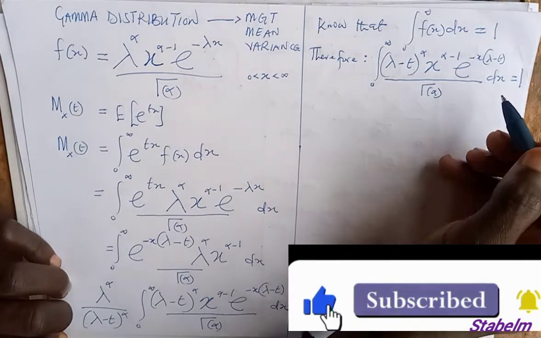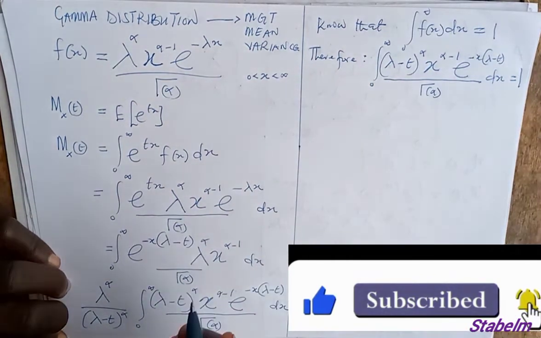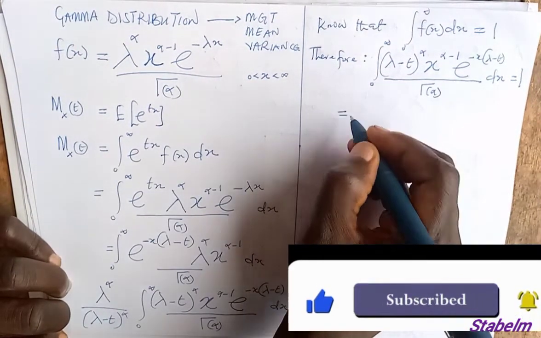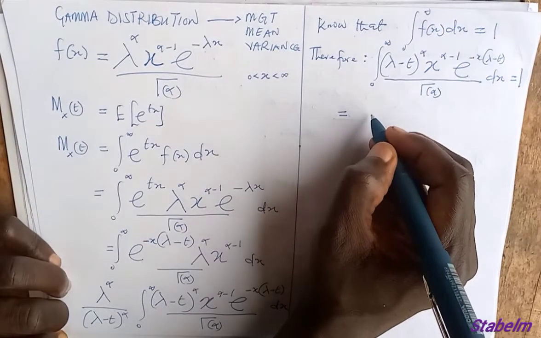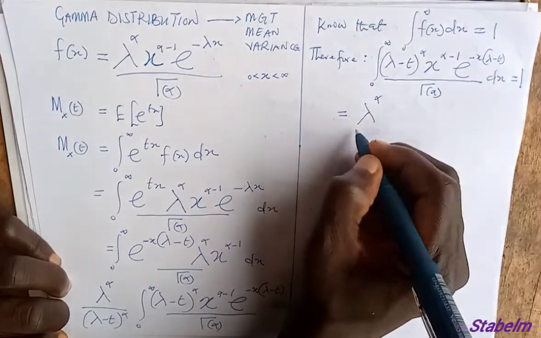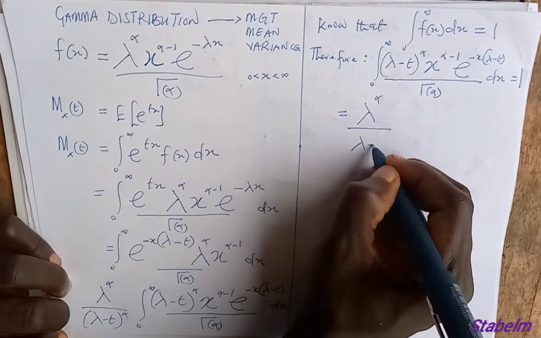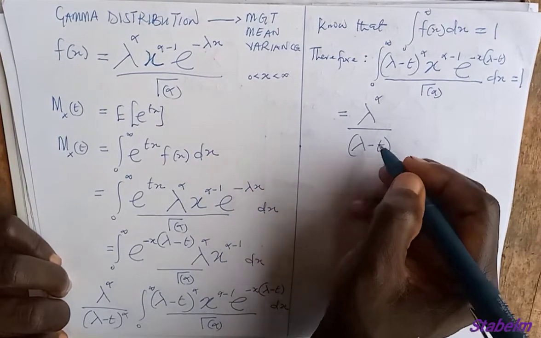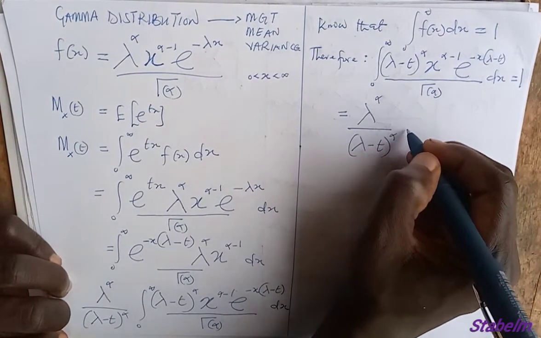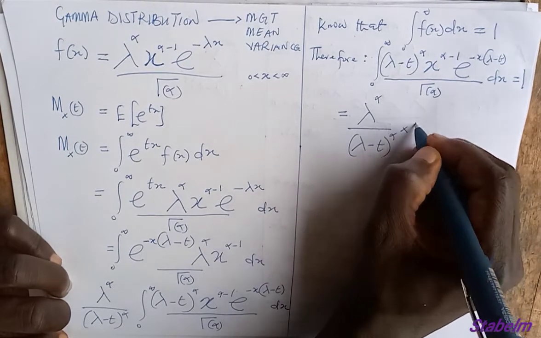Now, since all of this is equal to 1, we are going to have this equal to lambda raised to power alpha divided by (lambda minus t) raised to power alpha, times 1.